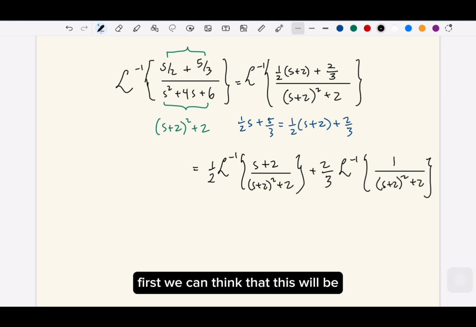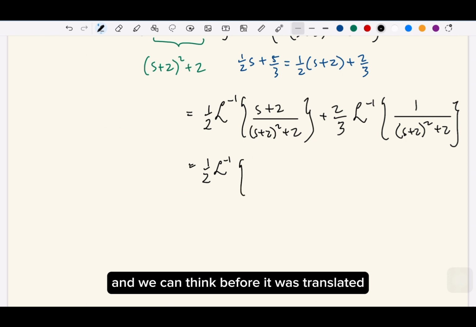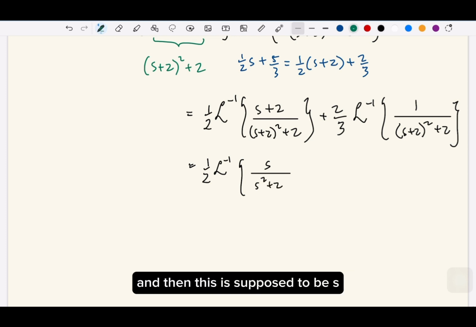So first we can think that this will be half Laplace inverse, and before it was translated it was just s over s squared plus 2, and this is supposed to be s going to s plus 2 after translation.